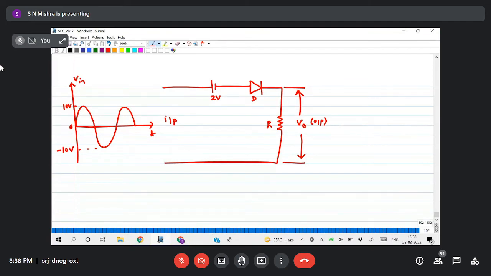So you see here, in two ways of logic you can understand the condition. First, suppose I do not take this 2 volt here and take a practical diode. What is my condition? When Vi is greater than Vf, the diode is on. Now the 2 volt is in series with this Vf. Let us take 2.7.